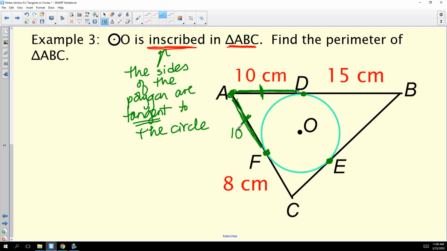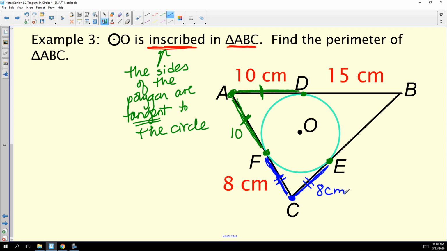Let's try the same thing. We have another point outside the circle, point C, and a tangent segment CF, and that has a length of 8, but we also have a tangent segment CE. They come from the same point outside the circle and both touch the circle, so these two pieces must be congruent. So the length of CE is also 8 centimeters.